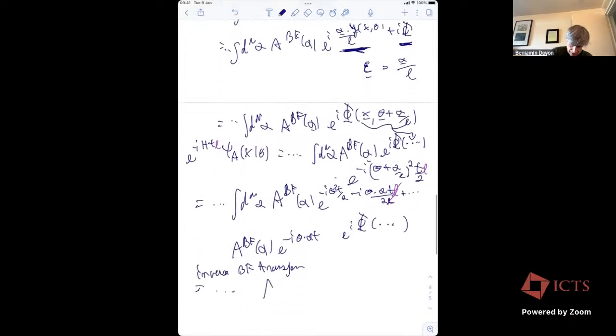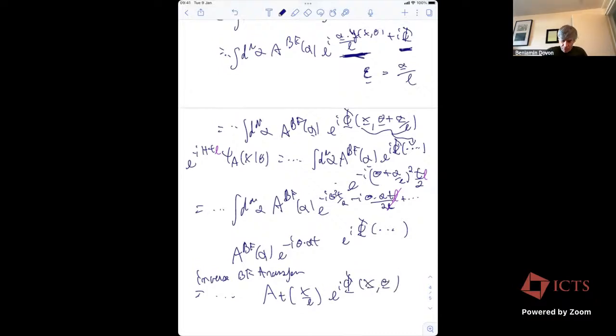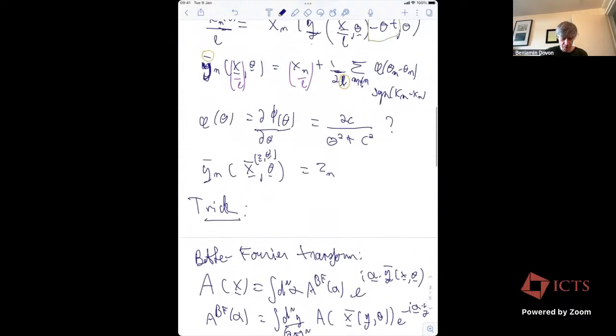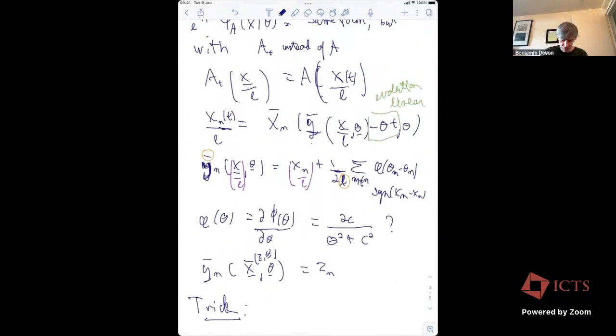So I get exactly a of x over L e to the I phi of x and theta. So I do the inverse of the step that I just did, the inverse Fourier transform. Then I get exactly the a that I wrote at the beginning, which is obtained by linearly evolving these y with theta t, right? So the trick is like that.